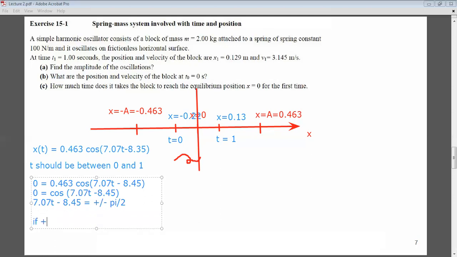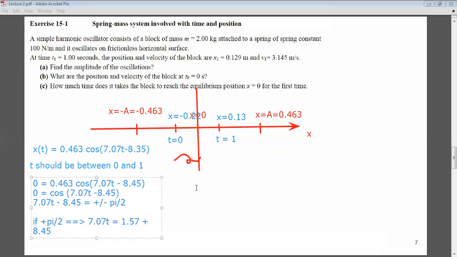If plus pi over 2, this implies 7.07t is equal to pi over 2, which is 3.14 over 2, which is 1.57, plus 8.45.